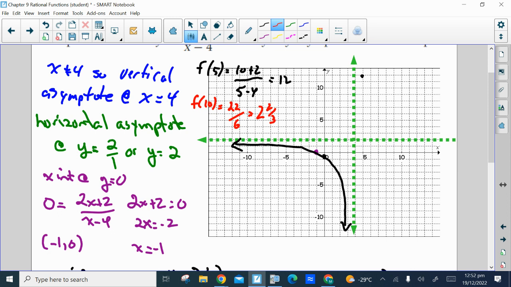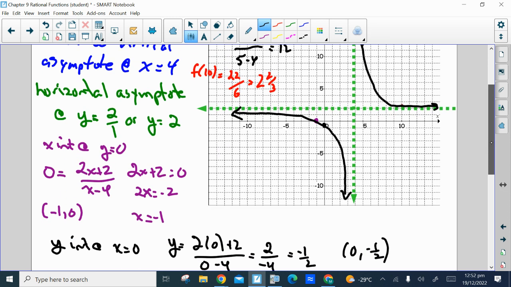The point 10 comma 2 and 2/3, so just above the asymptote of y equals 2. So there's that graph.